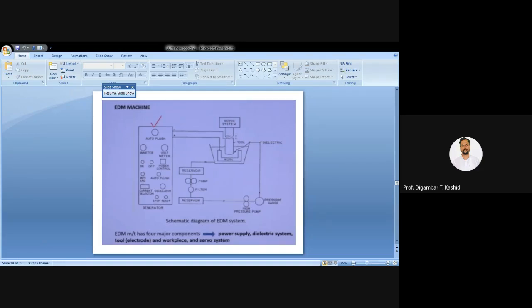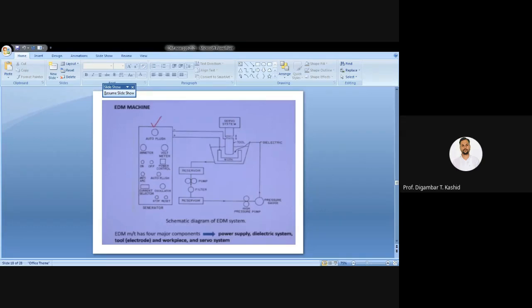The third option, which is a very good option and mostly used, is that dielectric can be injected through the hollow tube of your tool into the interelectrode gap, and it comes out from the gap.